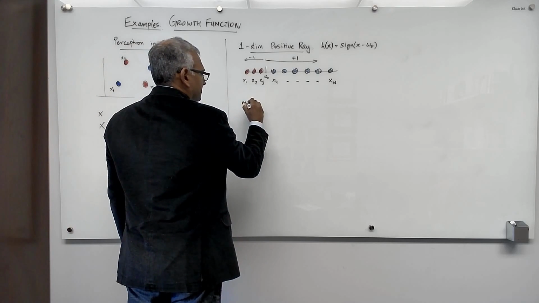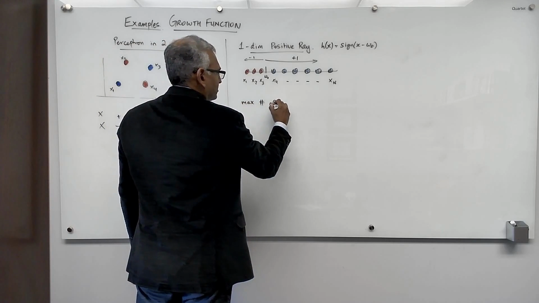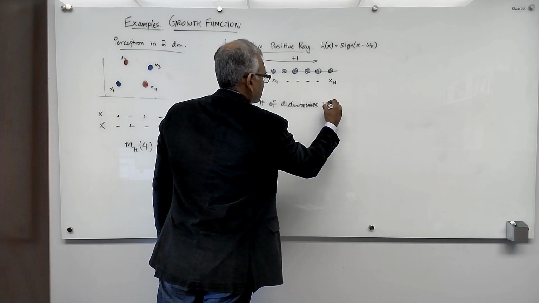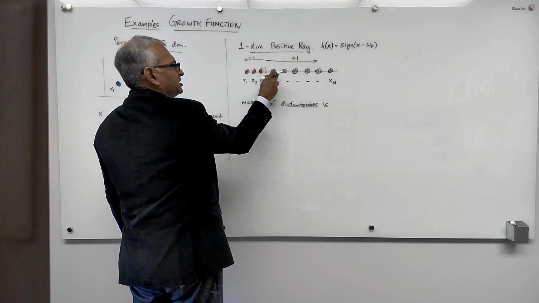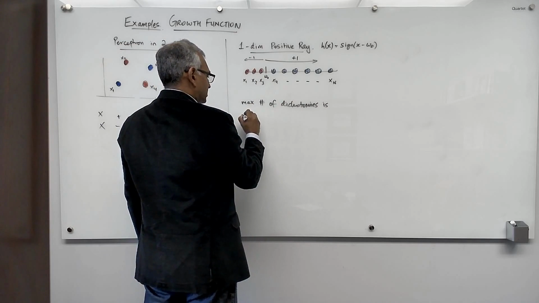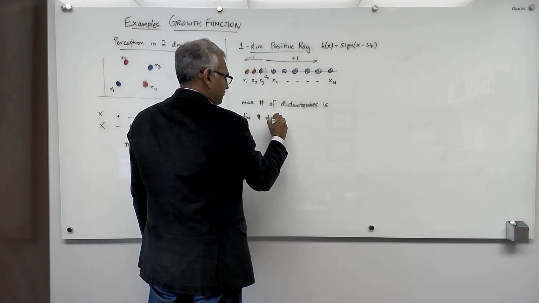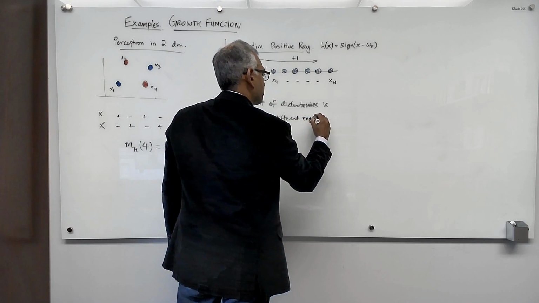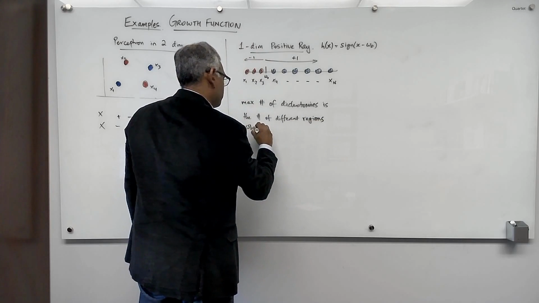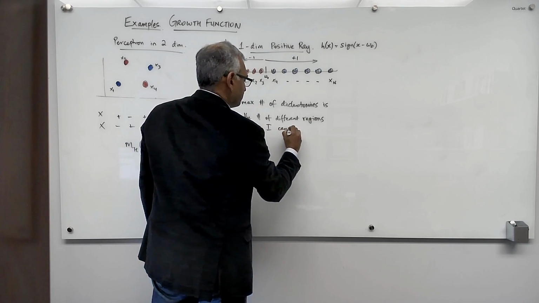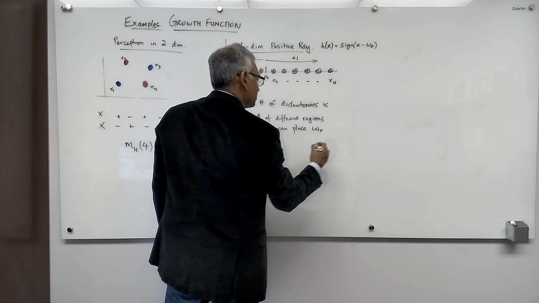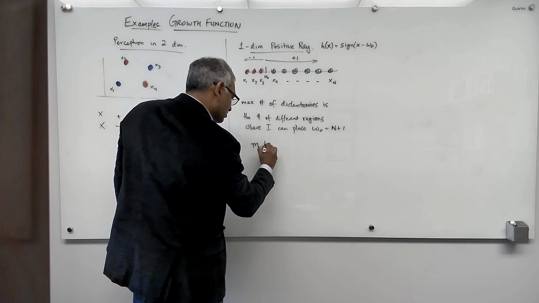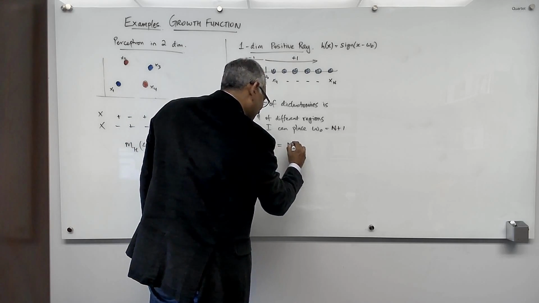So the max number of dichotomies is equal to the number of different regions where I can place w0, and that's equal to n plus 1. So m sub h of n is equal to n plus 1.